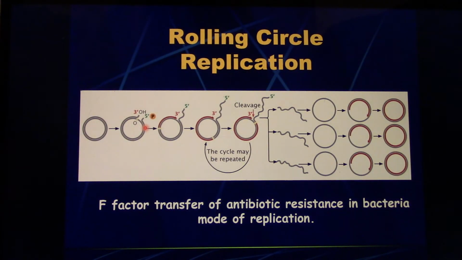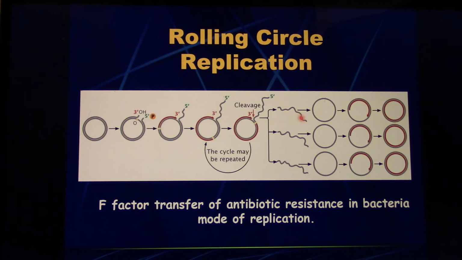And rolling circle replication is a bit different. We have the single circular chromosome, but we get it broken here. And then we start making the DNA shown in red. And as we make the new DNA, we push one of the 2 old strands off.